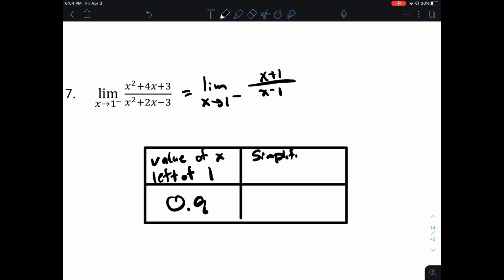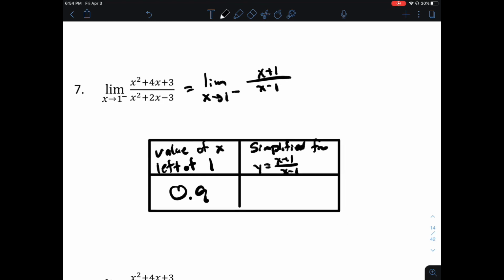And then we're going to use the simplified fraction, which is y equals x plus 1 over x minus 1. And what we're concerned with here is we put a 0.9 in on the top and bottom. Is our answer going to be positive or negative? On the bottom, you're going to get negative 0.1.